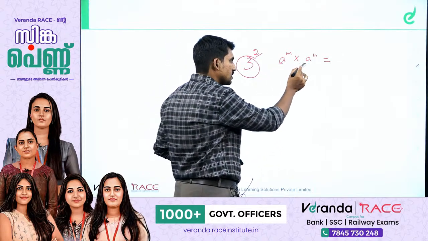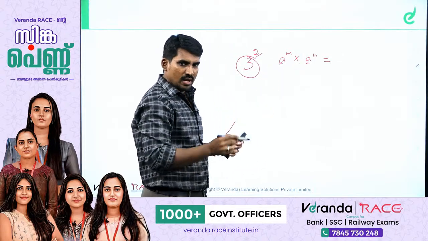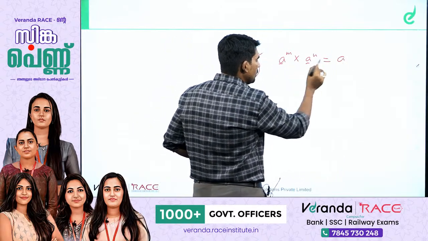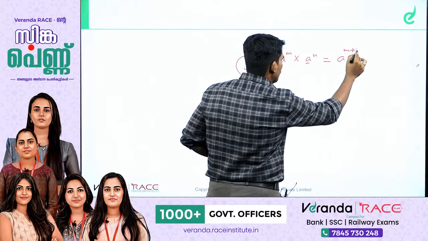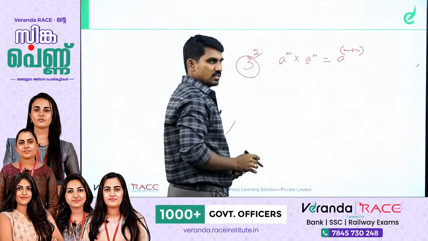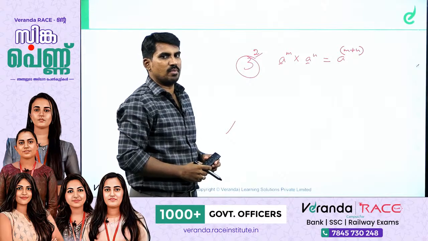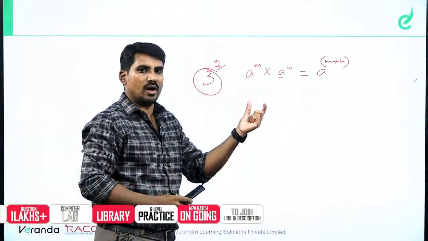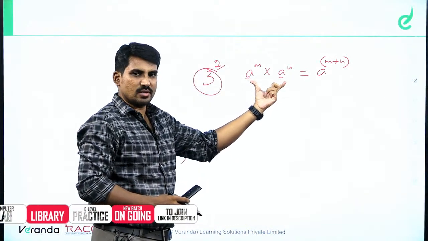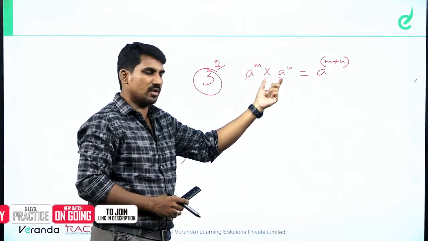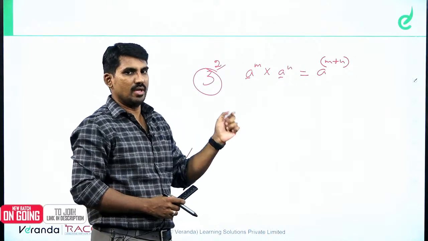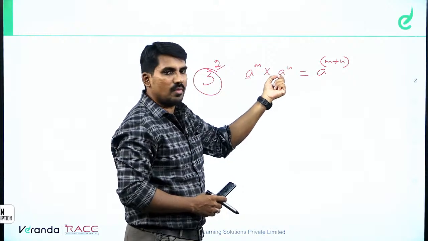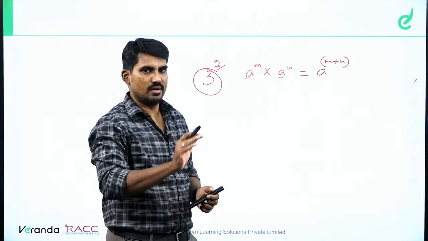Whenever the base is the same, we can write a one time, and then product means we can add the powers. So, a to the power of m plus n. Base is the same, therefore we write a and the sum of the powers, m plus n.